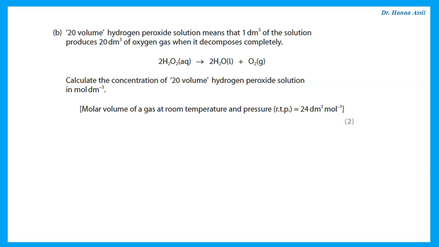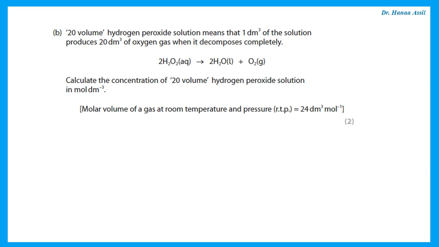20 volume hydrogen peroxide solution means that 1 dm³ of the solution produces 20 dm³ of oxygen gas when it decomposes completely. Calculate the concentration of the 20 volume hydrogen peroxide solution in moles per dm³.